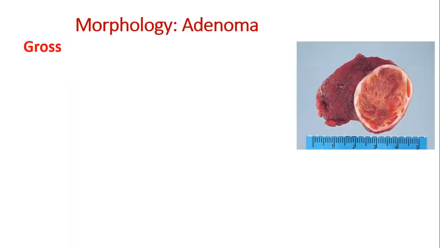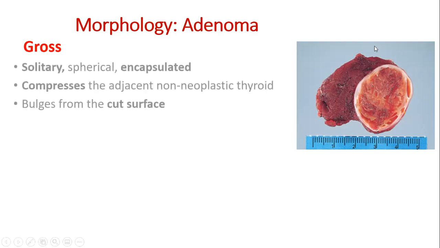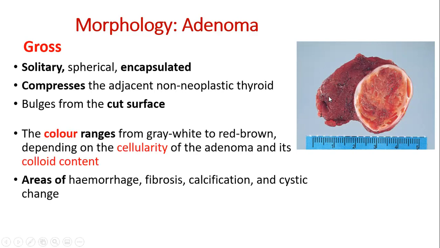The gross morphology of adenoma is a very classic picture. You see it is very well encapsulated, a feature of neoplastic origin. Follicular adenomas are solitary, spherical, and encapsulated, compress the surrounding thyroid tissue, and bulge out on the cut surface, compactly arranged within the capsule.